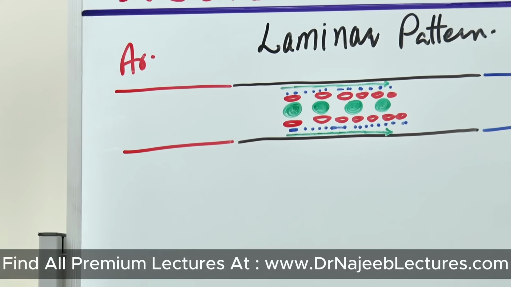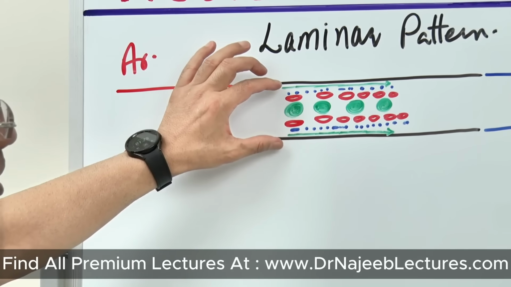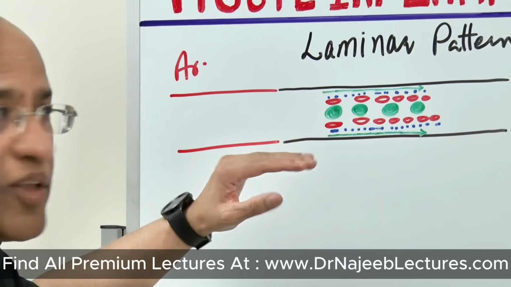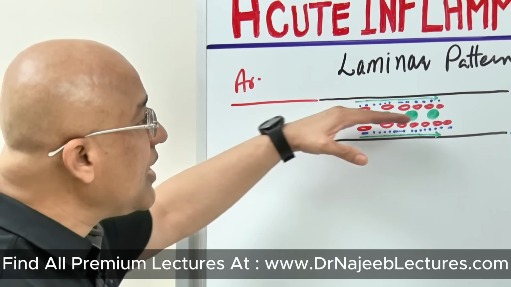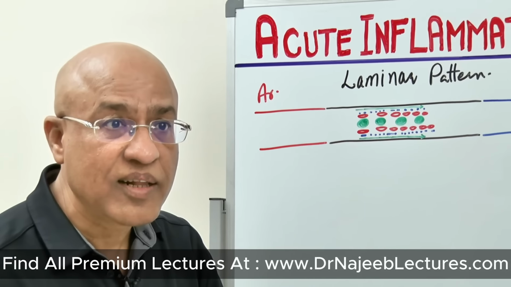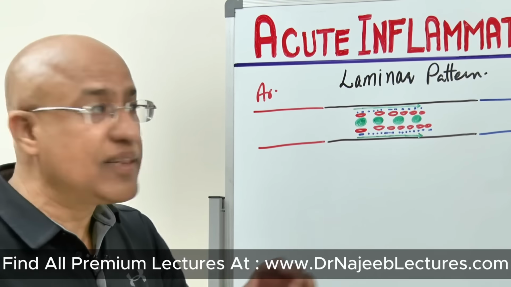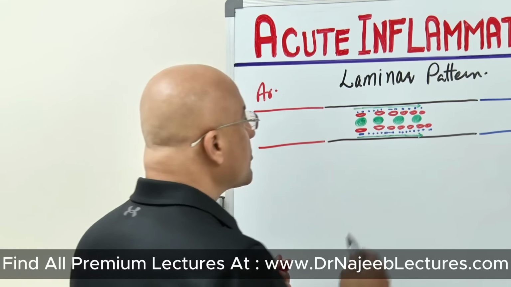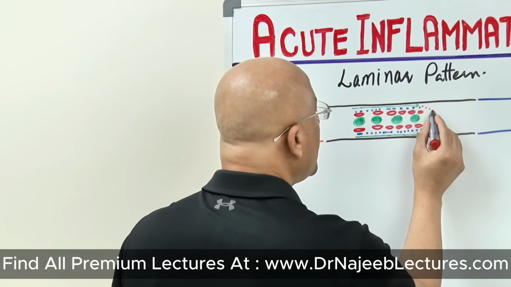Now you can see that blood components are moving in special layers, and different layers are smoothly gliding on each other. This way of blood flow is called laminar blood flow.